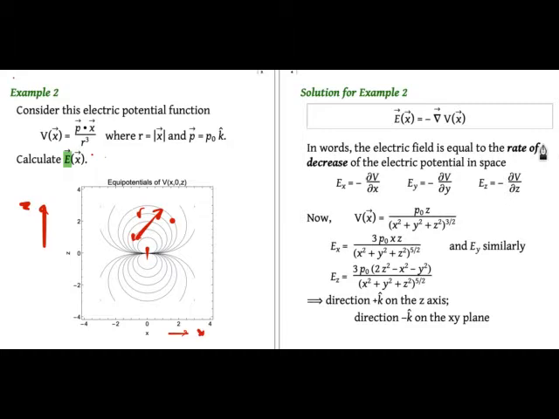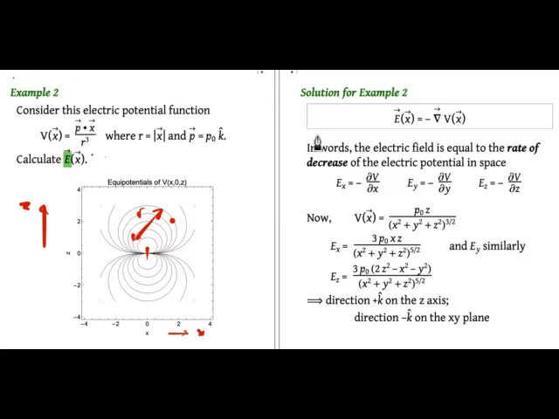The electric field is equal to the rate of decrease of the electric potential. Or if I write this out in terms of the 3 components, Ex is minus dV dx, Ey is minus dV dy, Ez is minus dV dz. The rate of decrease of V in the 3 directions. All right, so it's just a matter of calculating derivatives.